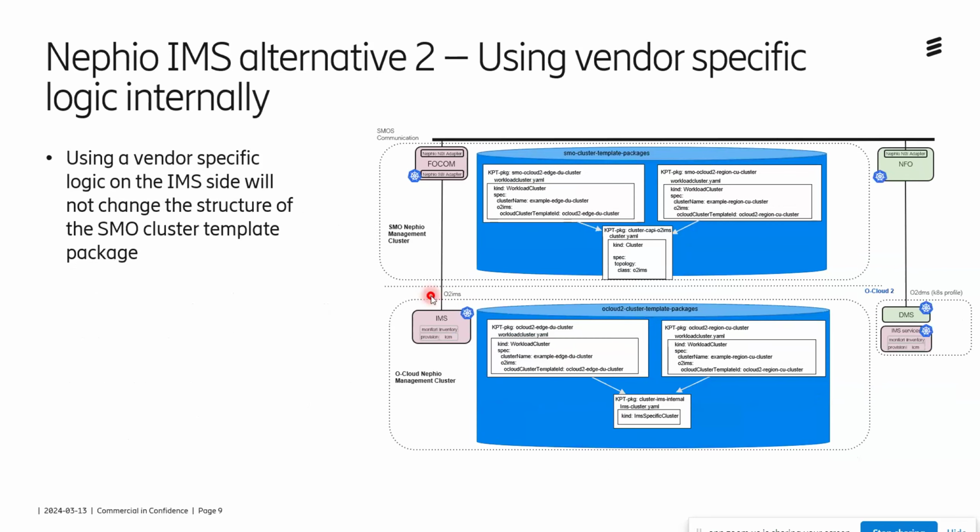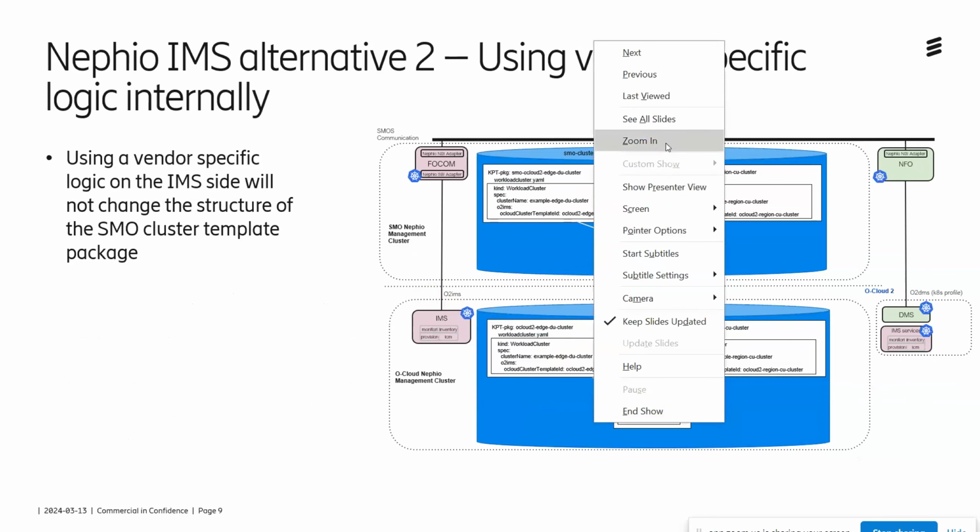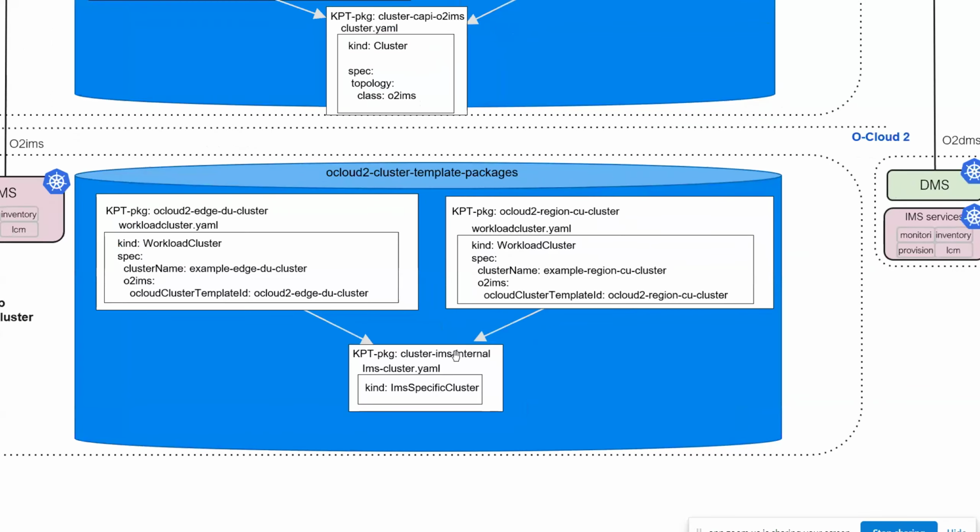It could be absolutely whatever, as long as you have an agreed workload cluster CR that you expose upwards. The further internals in your package can then be IMS specific.